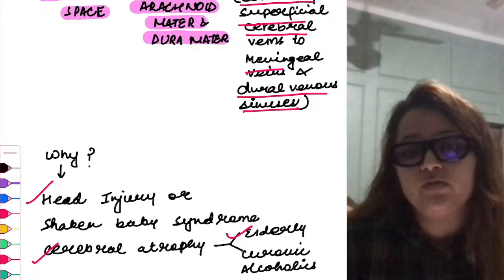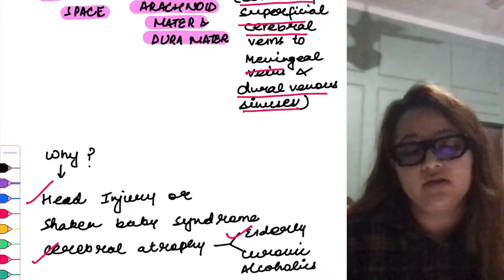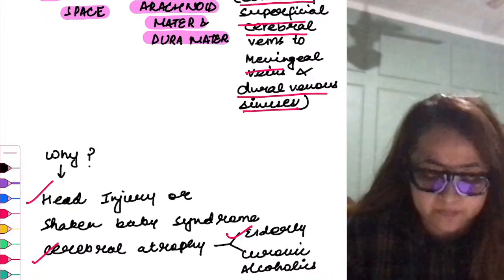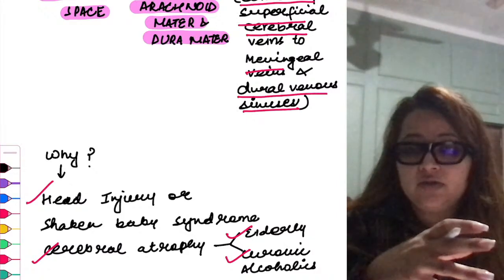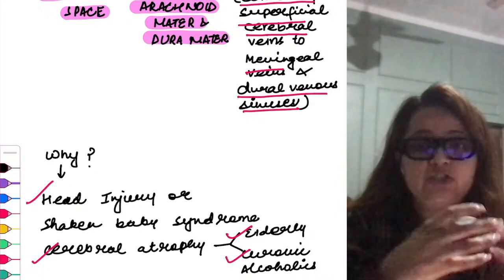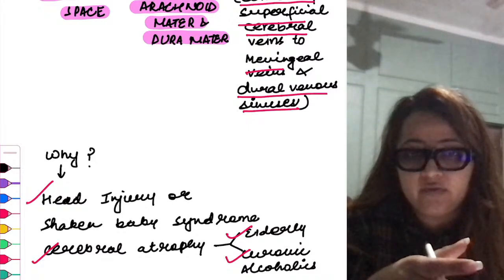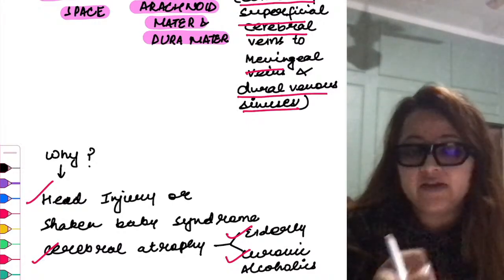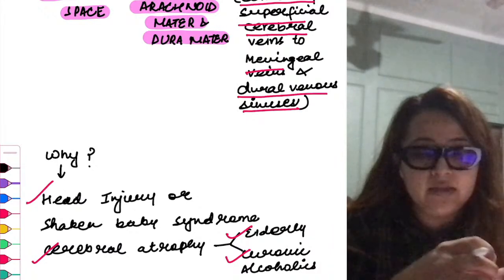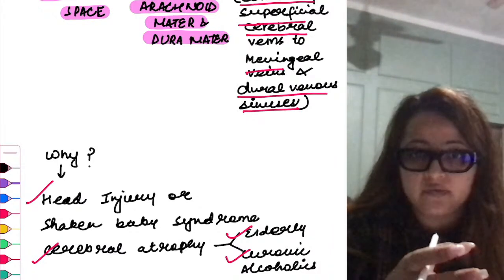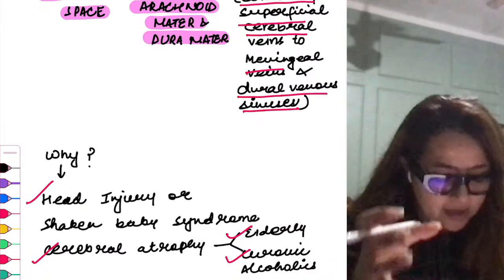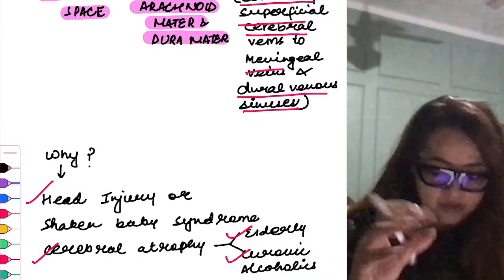Then the patient who is a chronic alcoholic; in chronic alcoholics, it has been seen that there is cerebral atrophy. All these etiological reasons would lead to more stretching of the bridging veins. If there is excessive stretching, they will wear off. Ultimately there will be rupture of these bridging veins and there will be subdural hematoma, that is collection of blood in the subdural space.